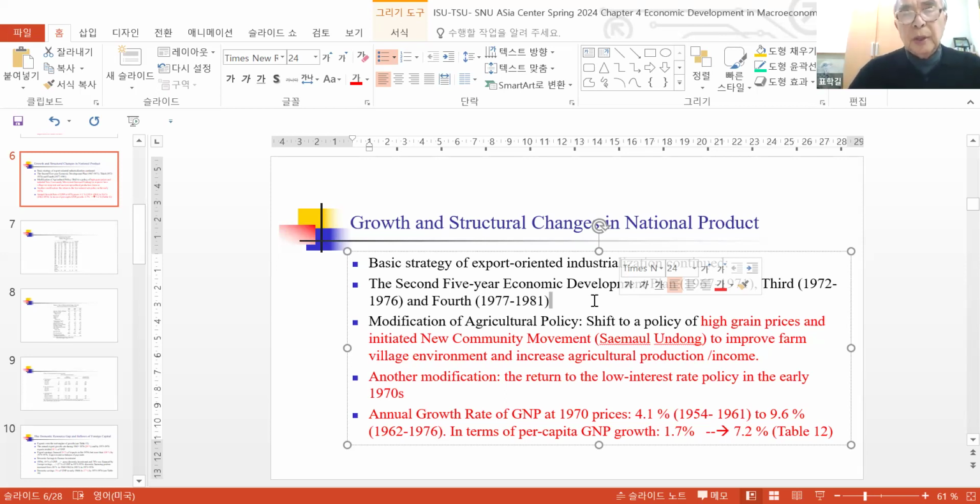In other words, President Park wanted to have his political base developed. So one way, he gave a lot of government subsidy to build cemented roads.